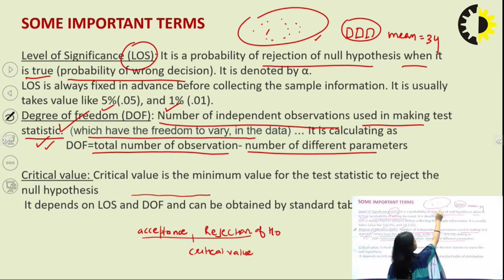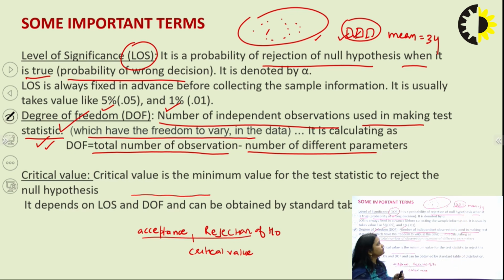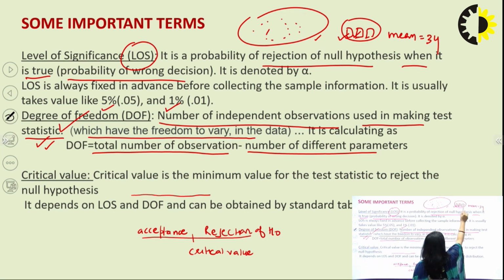Then from this population, we can take any 2 numbers. But when we are going to take the third one, then we are not free to take any number. We have to take only that number for which the average of these 3 numbers should be 34.